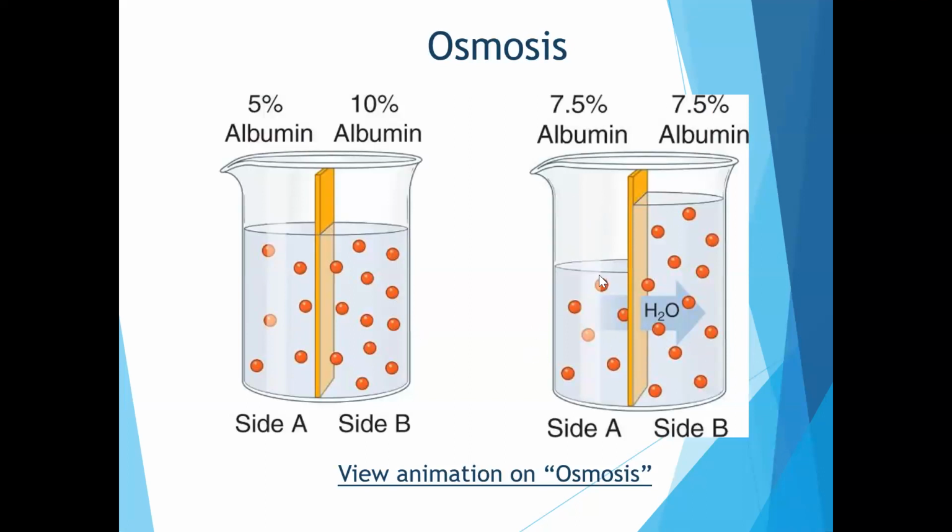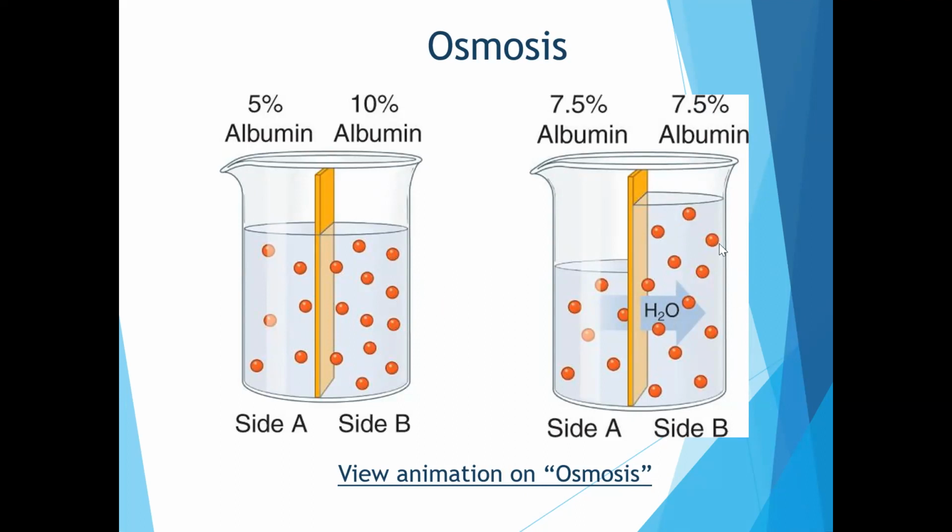As the 5% side loses water, it becomes 7.5%. As the 10% side gains water, it becomes 7.5%. This difference in water now creates what's known as an osmotic pressure. There's once again a concentration gradient to start out with, but this time rather than the particles spreading down that concentration gradient, you're going to see water moving from an area of actually lower concentration to the area of higher concentration.